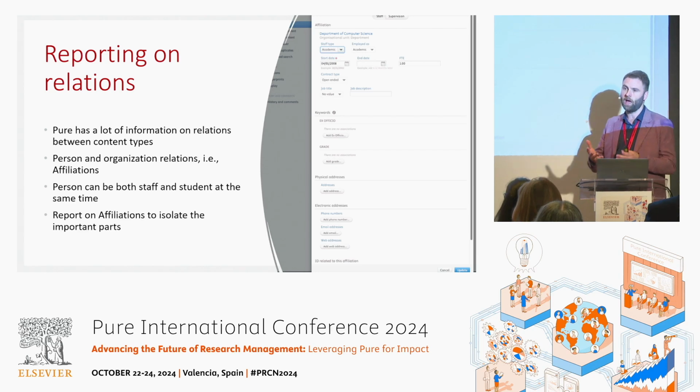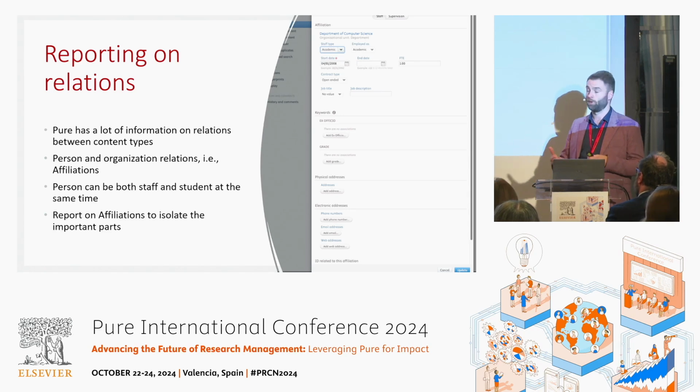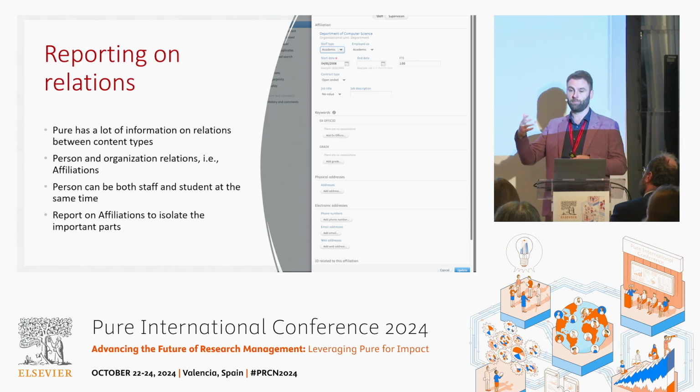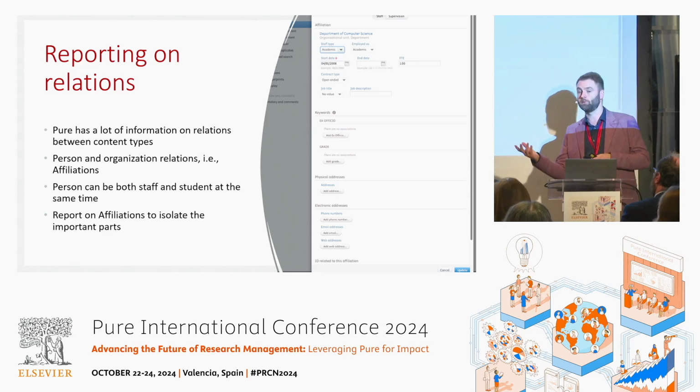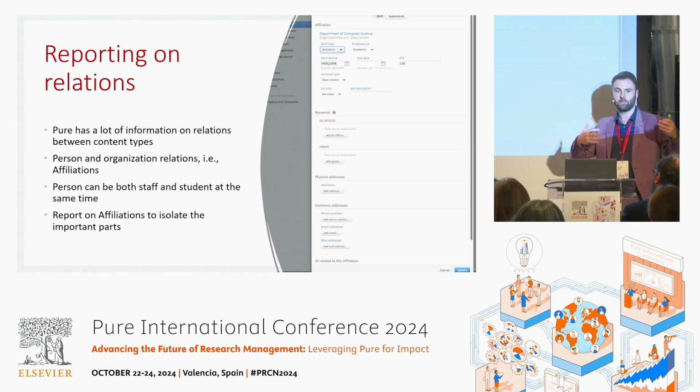And in Pure we have a lot of information on the relations between content, right? So a person can be both a staff member and a student at the same time, but it depends on what affiliation you're looking at. So if you look at the person, that information doesn't exist in the person record. It doesn't exist on the organization record either, but it exists in the relationship between the two.